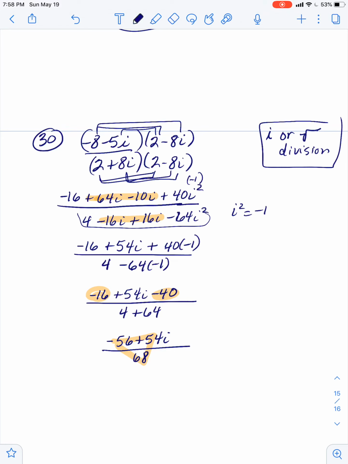I know 2. Will 4 go into both? No, 4 won't go into both. So I'm just going to divide by 2. So that would be a negative 28 plus 27i, and that would be 34. Okay, and again, I do this in my head, but you're welcome at any time to do your calculator and plug all that stuff in.